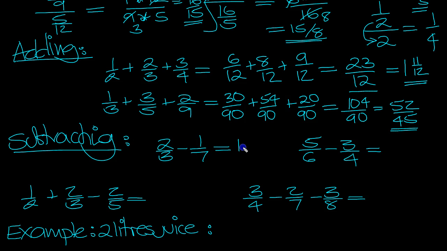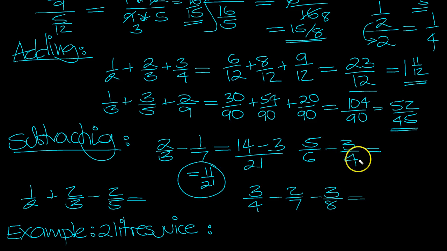So 14, 2 sevens, 3 ones, minus 3 over 21. 3 sevens are 21. 14 minus 3 is 11 over 21. Next one, 20 minus 6 threes are 18 over 24. 20 minus 18 is 2 over 24, which is 1 over 12.